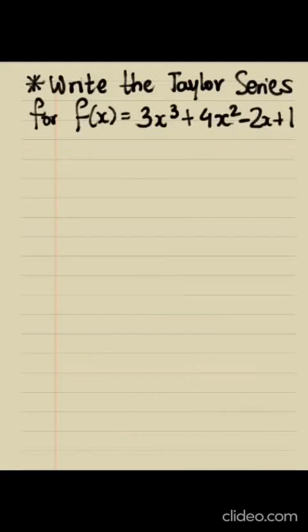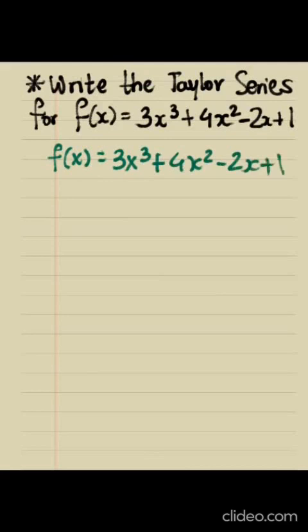Okay, so the next one is write the Taylor series for f of x equals 3x cubed plus 4x squared minus 2x plus 1. So we're going to evaluate this at f of 0. Let me just write this down. F of x equals 3x cubed plus 4x squared minus 2x plus 1. If you evaluate this function at 0, this becomes 0, 0, 0, 1.